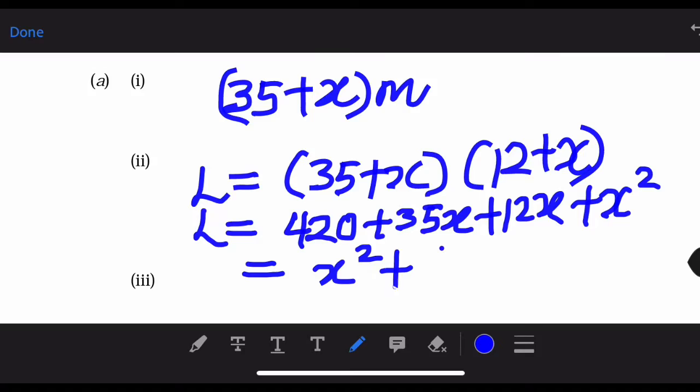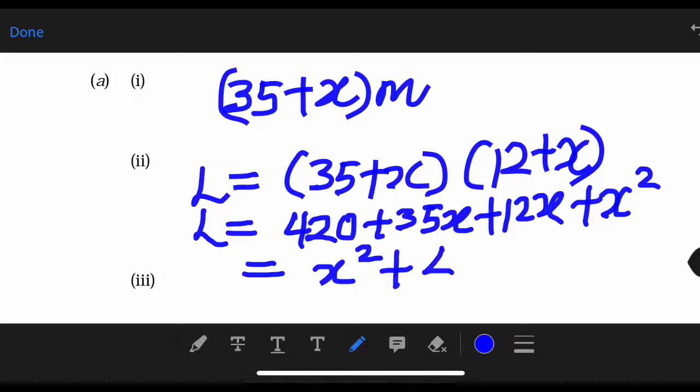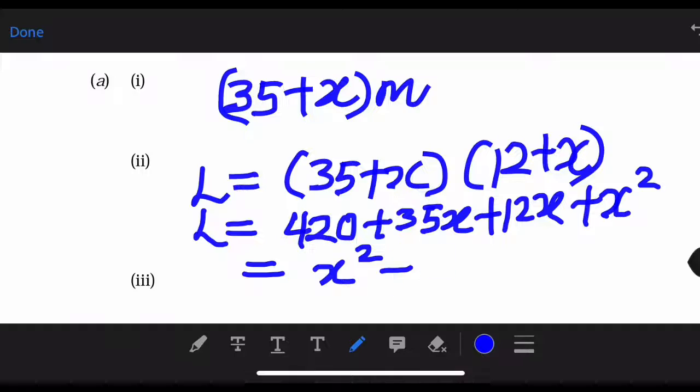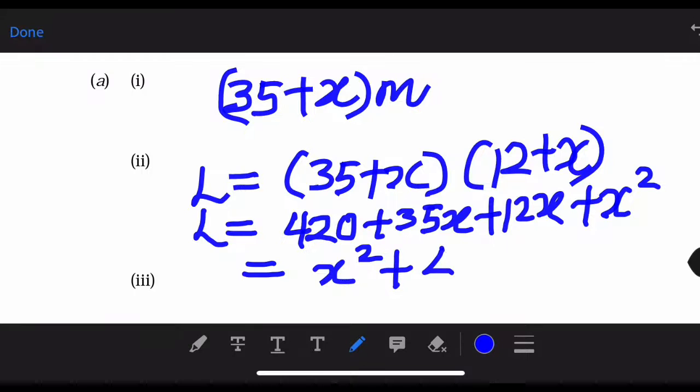So that means the amount that needs to be spent by Pak Mau is Ringgit Malaysia 1813.50.